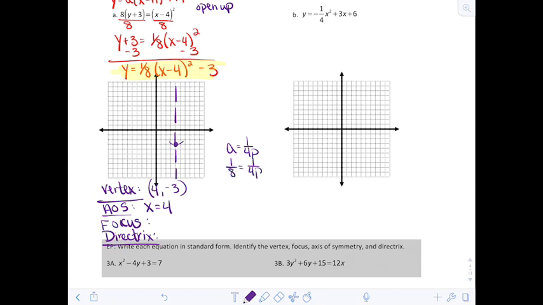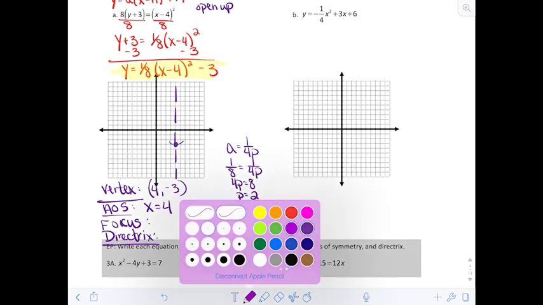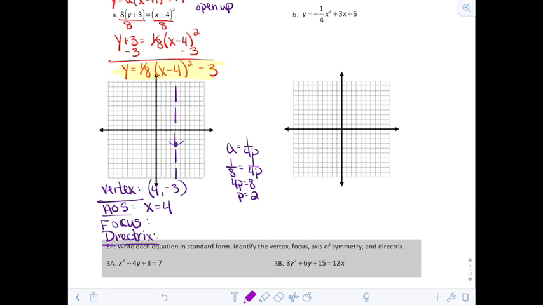That's the same as 1 over 4p. So we can see that 4p is equal to 8 and p equals 2. So what that means is I'm going to go 2 up inside the parabola. And so I have the focus point of 4, negative 1. And then I'm going to go 2 down, and I have a directrix of y equaling negative 5.